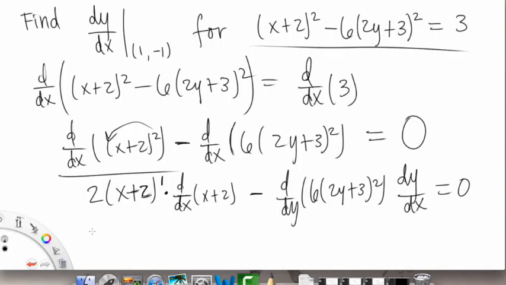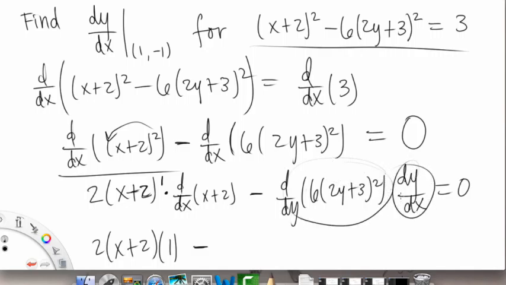Now what we have is 2 times (x + 2), and d/dx of x + 2 is just 1, so we have a 1 there. This is subtracting the derivative of 6 times (2y + 3) squared with respect to y, which we derive like normal, and then we have that extra term added on there.